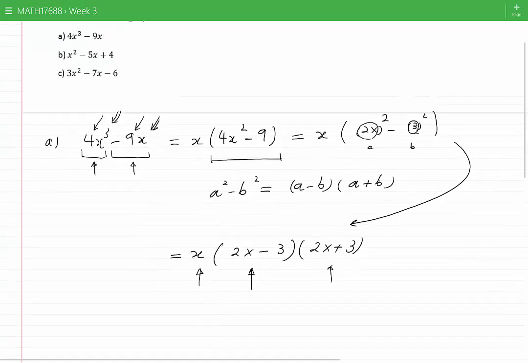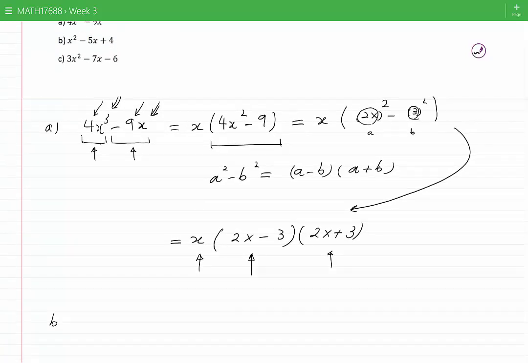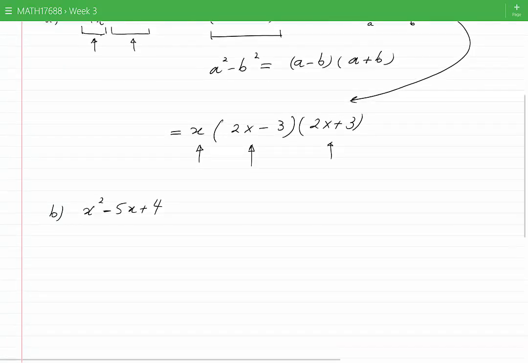Part B of the question asks us to factor x squared minus 5x plus 4. This is a quadratic expression, and the terms, one is x squared, the other one is minus 5x, and the other one is plus 4, are arranged in the descending order of powers of x.